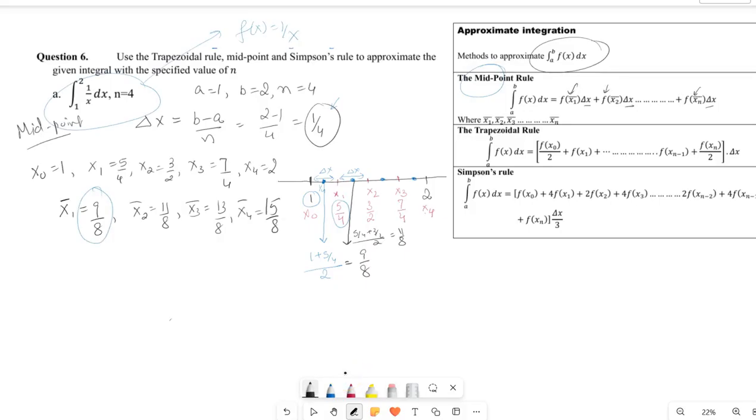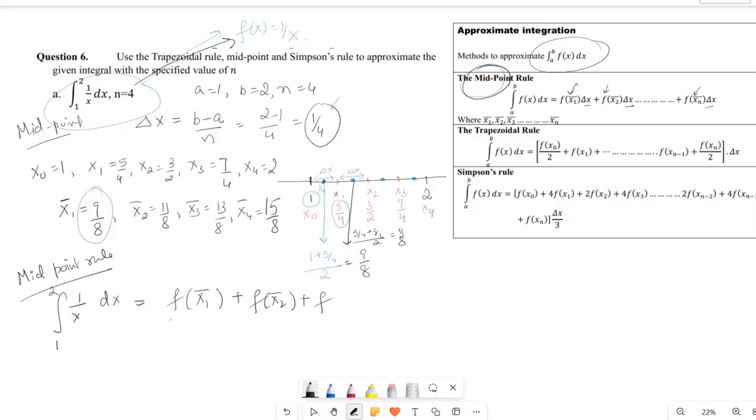Okay. Let's actually work on the midpoint rule now. Our integral using the midpoint rule would be the integral from 1 to 2 of 1 by x dx. If you notice, the function for our question is f of x equals 1 by x. So this should be f of x1 bar plus f of x2 bar plus f of x3 bar plus f of x4 bar, since n is 4.